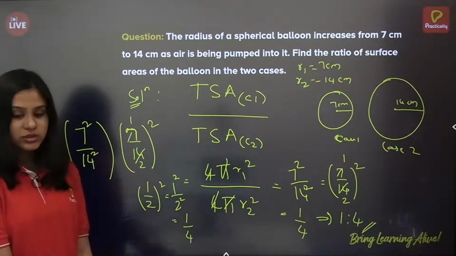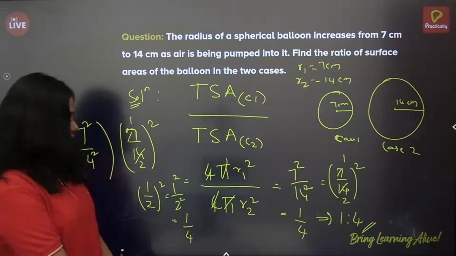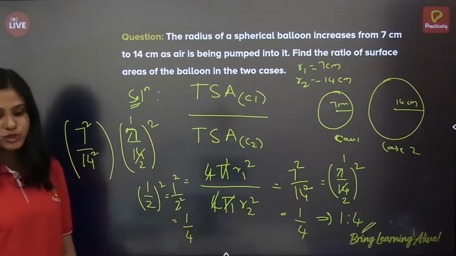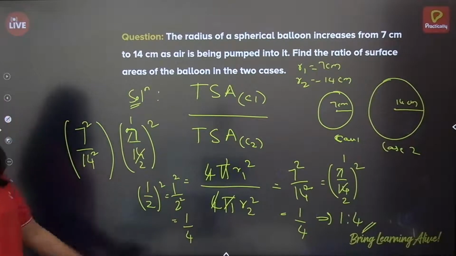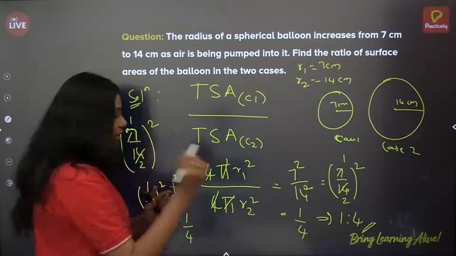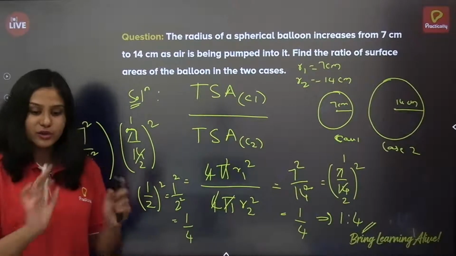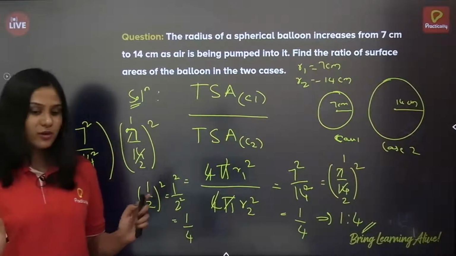All right. So right now it is 1:4 only, Abjal. I know you are getting confused with this 2, but this 2 is the power. All right, no issues. Okay, next.